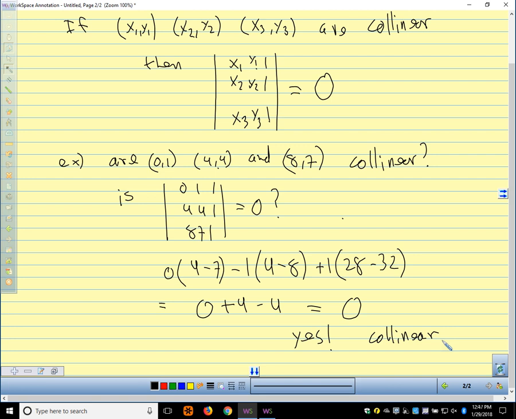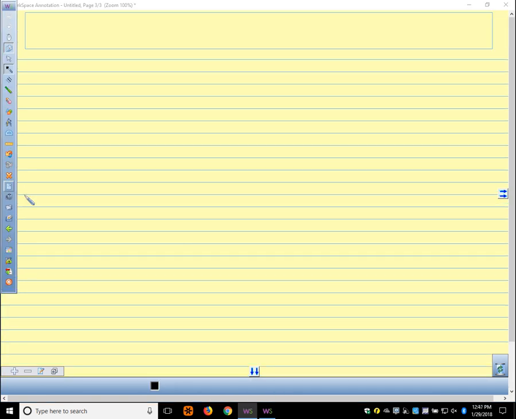All right, let's look at one more application of this. We can use matrices now to find the equation of a line between 2 points.